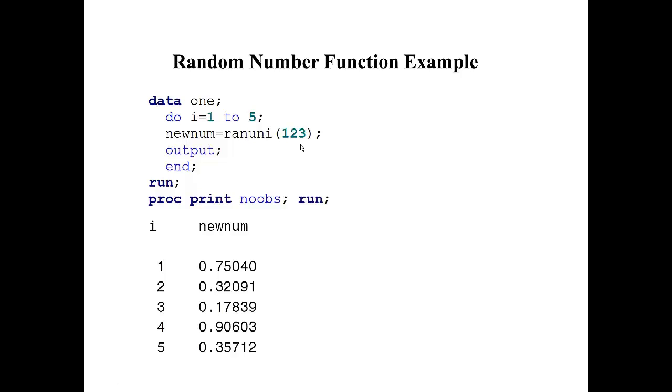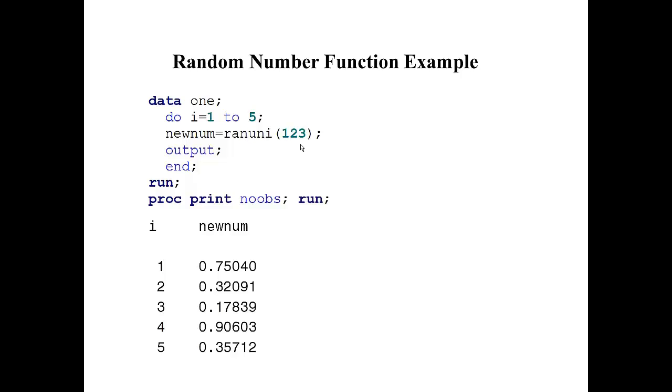So if you put 0 in as the seed, then SAS will generate a different list of numbers every single time you ran this program, because 0 tells SAS to use the clock time, and the clock time is always changing. You would always get a different list of random numbers generated from this program if 0 was used as your seed instead of 123.